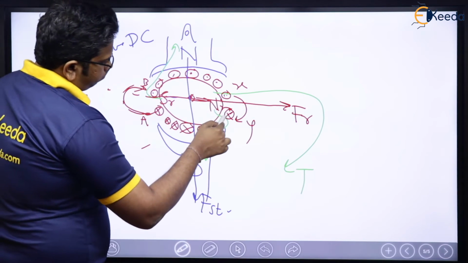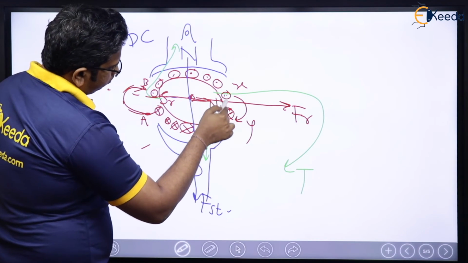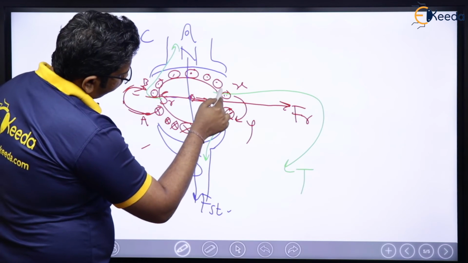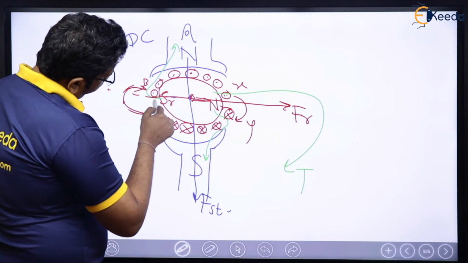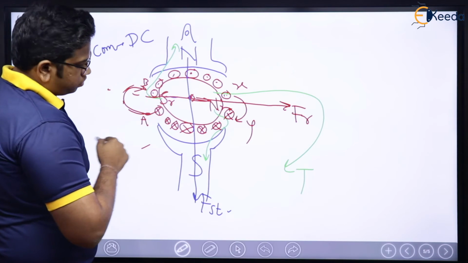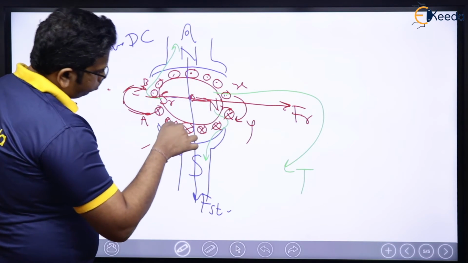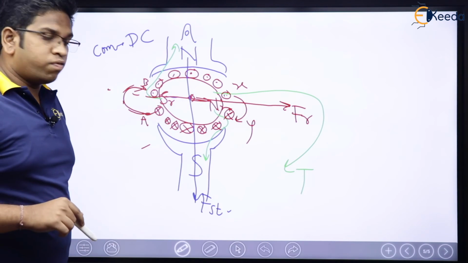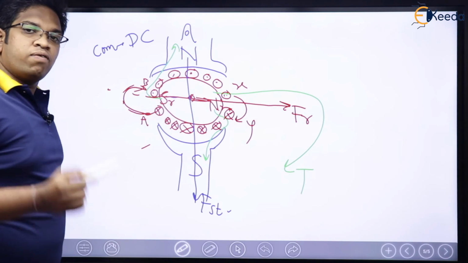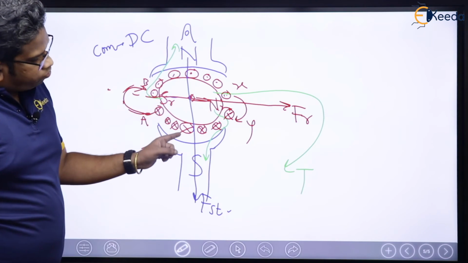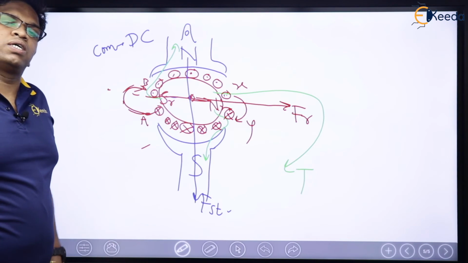This conductor will come here with its dot, this will come here with its dot, this will come here with its dot, and at the end, in the upper portion we will have all the crosses, and in the downward portion we will have all the dots.